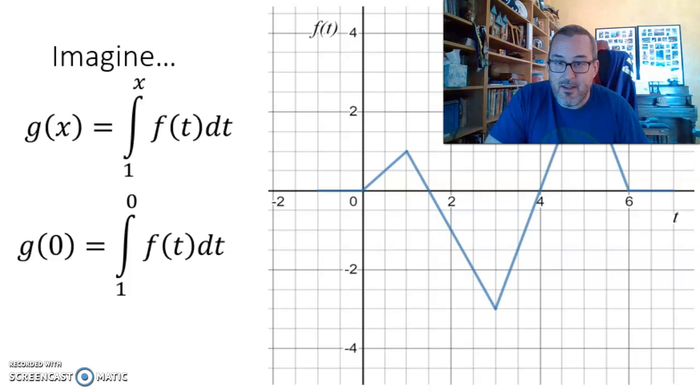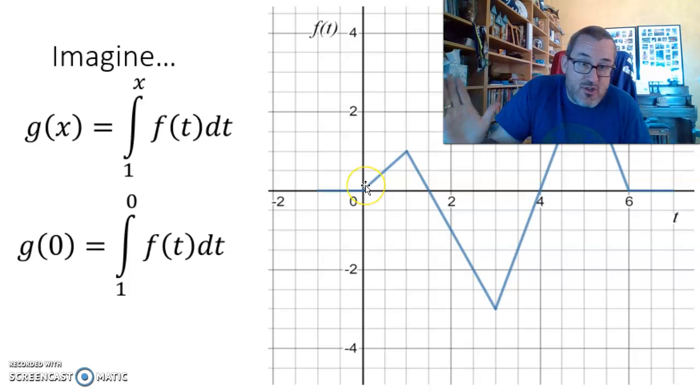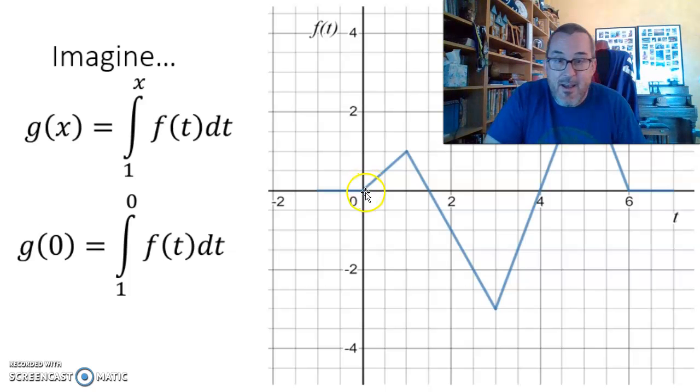How about this? What if I input a 0 for x? Imagine accumulating area from 1 to 0. Now, for a moment, let's think of it the other way around. We usually look across left to right. If we were to accumulate area from 0 to 1, imagine just little bit by little bit, a little bit of area, a little bit more, a little bit more. Imagine accumulating area, and we finally get to 1.